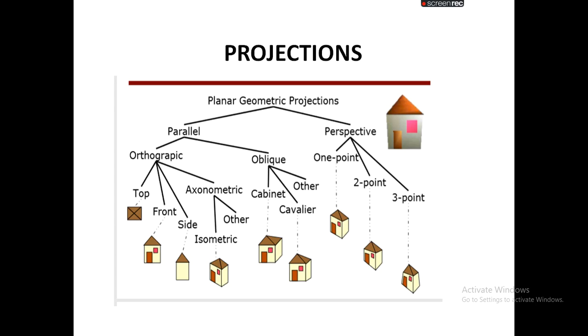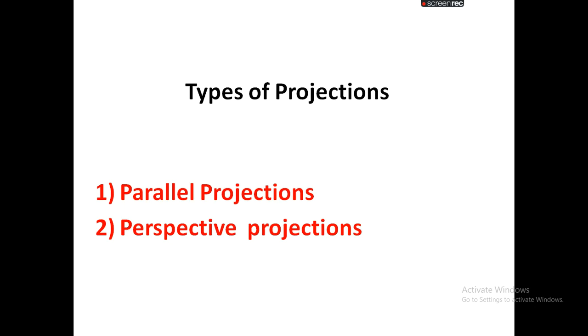So these are the classification of projections. But I would like to say that the main classification of projections is only two types. First one is called parallel projections. Second one is called perspective projections.